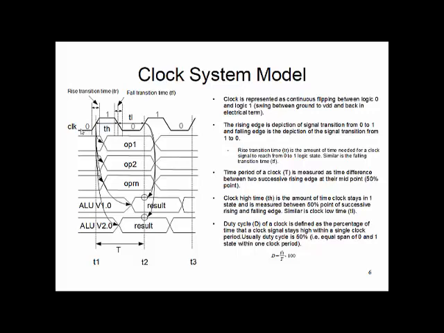It means when the clock crosses the midpoint, that triggers the changes in operand 1, operand 2, and the operation code. So you see, these are all related clock edges. And this one also triggered your ALU changes as well. That's what this means, right?